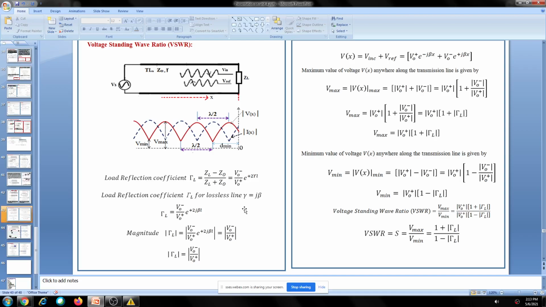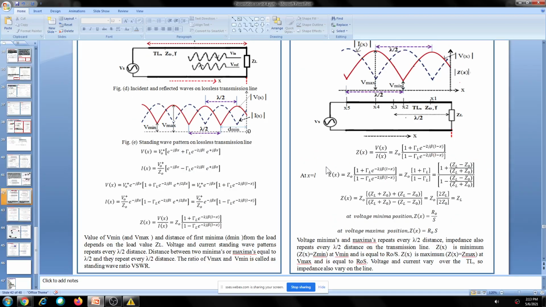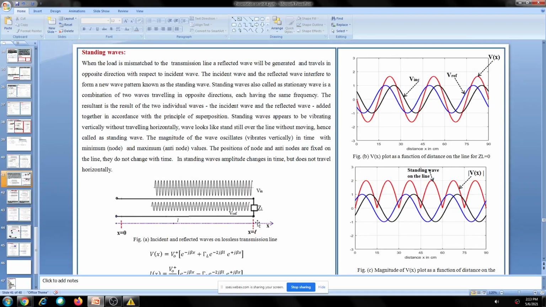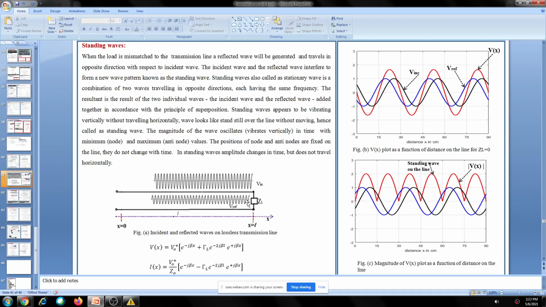So the wave which reflects here has the same phase as the incident one, and automatically they add together. That means the voltage is maximum when the load is infinity; they add together and we get a maximum at the load point. But if you connect a short circuit, the reflected wave is 180 degrees out of phase with the incident wave, and they cancel each other, so at the load point you have 0 voltage.